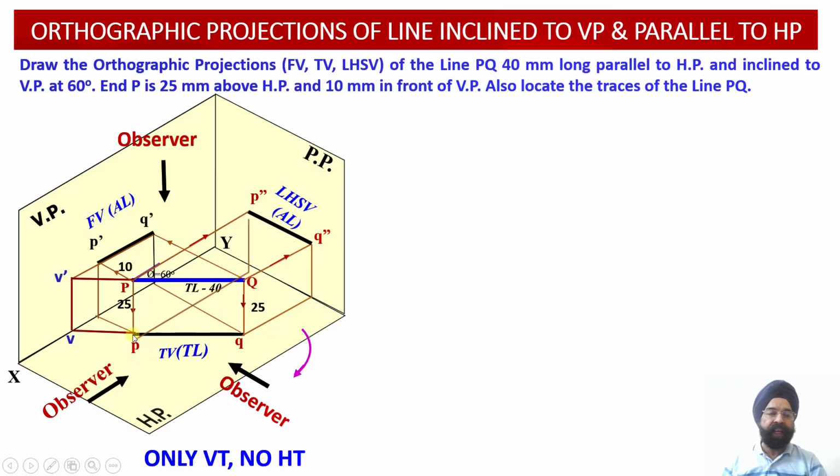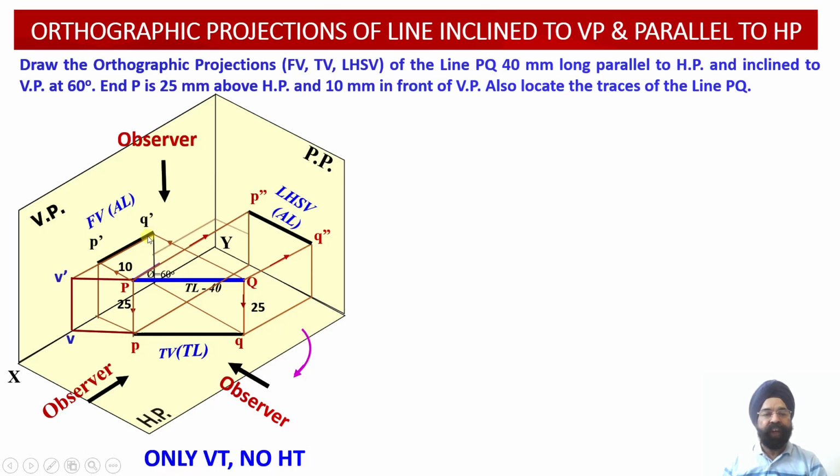Similarly, another couple of projection lines are required to establish the relationship between point P, which is available in the top view, and point P projections, which are available in the left hand side view. Similarly, we need to establish the relationship between front view projections and the side view projection.